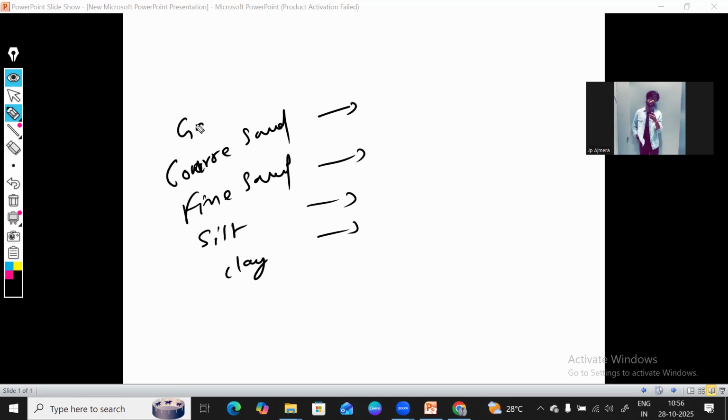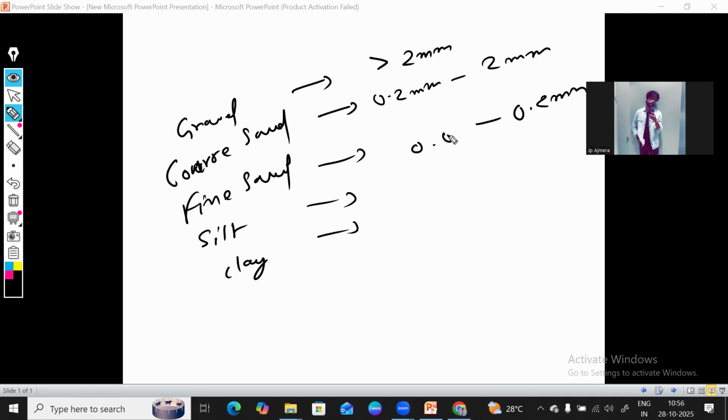According to Nemraj, gravel is also mentioned. When the particle size is more than 2 mm, it goes to gravel. If it is 2.5 mm to 2 mm, it goes to coarse sand. Then we move on to the next one, the fine sand.